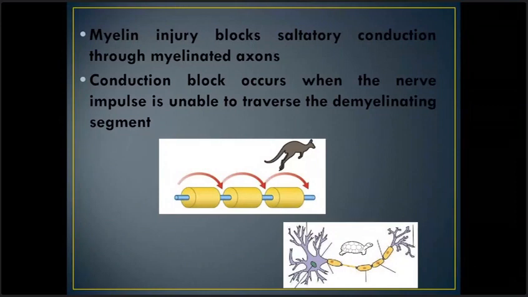But in demyelination, the impulse is unable to transfer in this demyelinated area, so it will be very slow, like that of a tortoise. It was a kangaroo and becomes a tortoise.